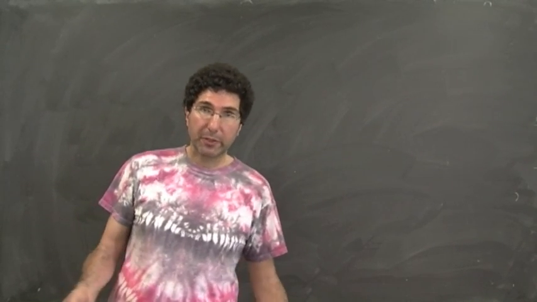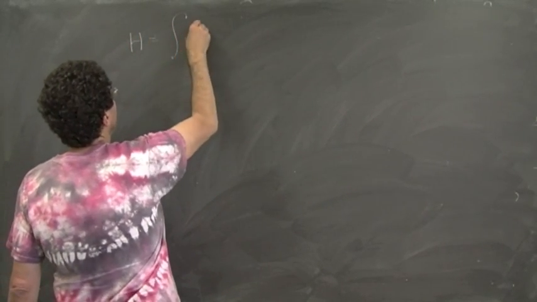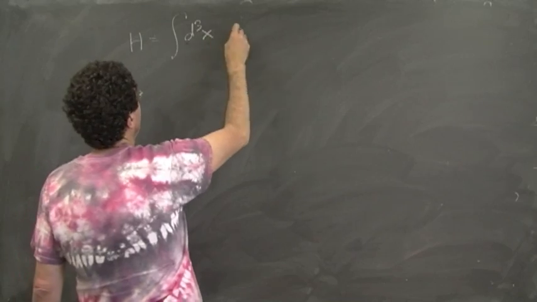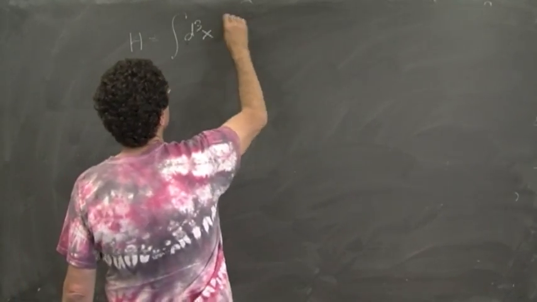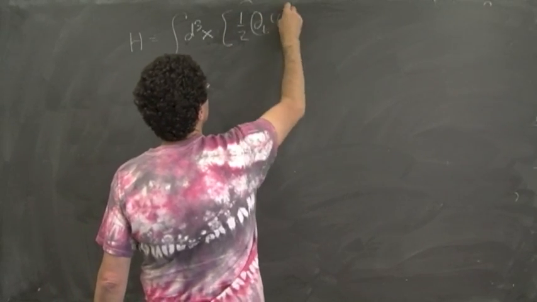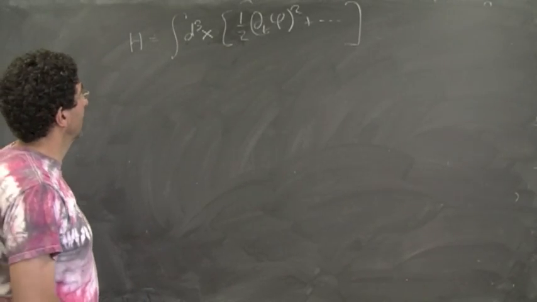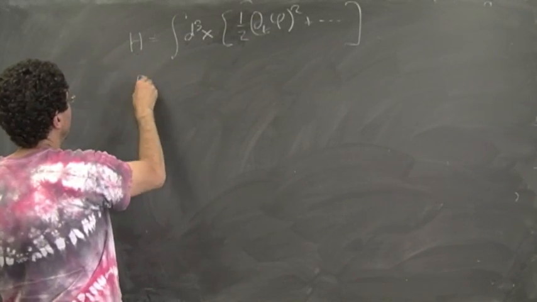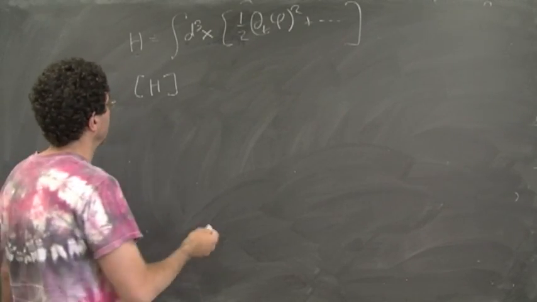That's actually a very important thing, so let's just do it slowly. So the Hamiltonian is ∫d³x times the Lagrangian. Sorry, let's look at the free Lagrangian, and let's look at the first term, the kinetic term like this, okay? So we know that if this is a Hamiltonian, it will have units of energy, which in our units are the same as mass.